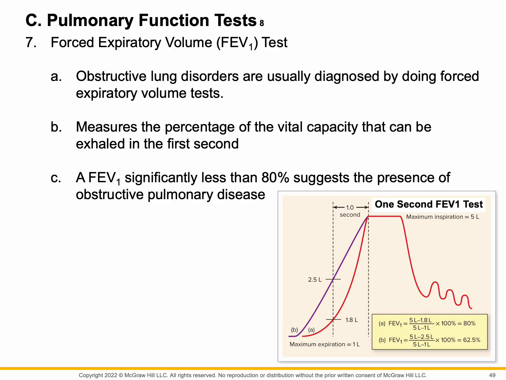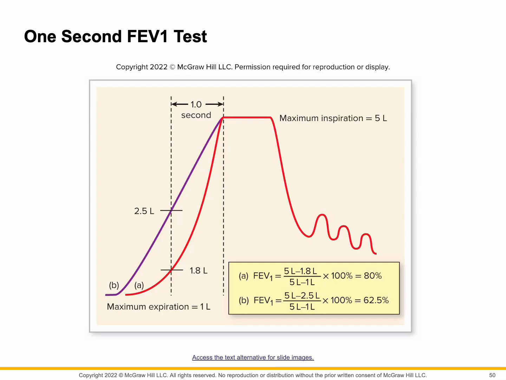And it's important to note that if the FEV1 is significantly less than 80%, this suggests the presence of obstructive pulmonary disease. So here we're looking at that 1 second FEV1 test, which is the amount of air that can be expelled from the lungs in 1 second, and it's done using spirometry.